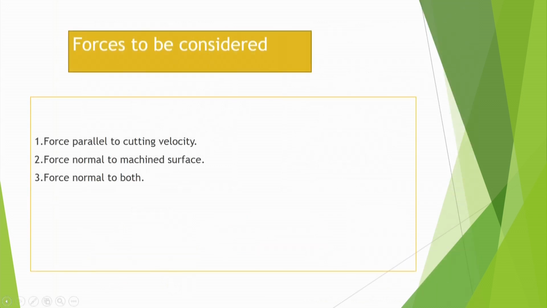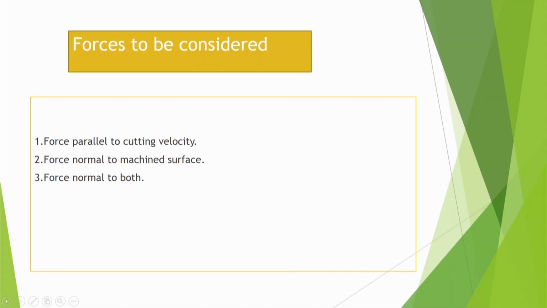Now we do force analysis; we want to find out the forces. We can consider the force parallel to the cutting velocity, that is the active force, which is basically machining, and we need to calculate it for finding out the power. Then there is a force normal to the machined surface, and then the force normal to both.